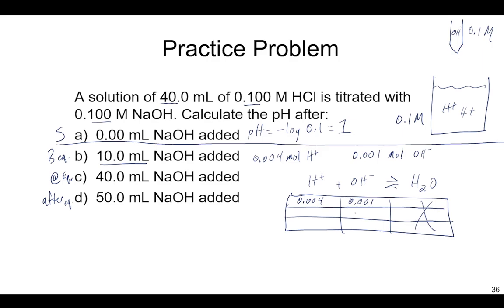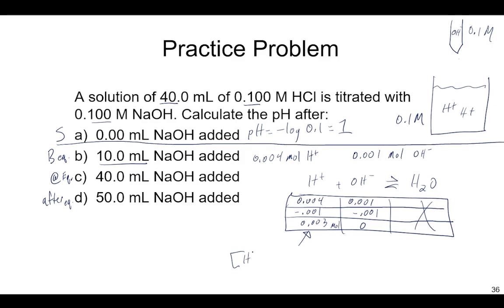Whichever one is left gets completely neutralized. So the OH is less, so that'll get completely used up or go down by 100%, 0.001. H plus is being neutralized by that in a 1-to-1 ratio, so it goes down by that much. And so I'll be left with, in this case, 0.003 moles of H plus.